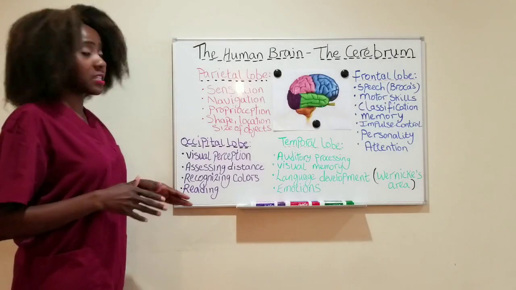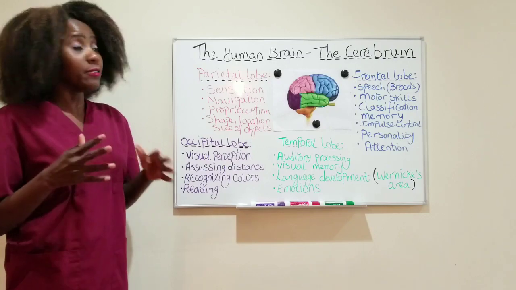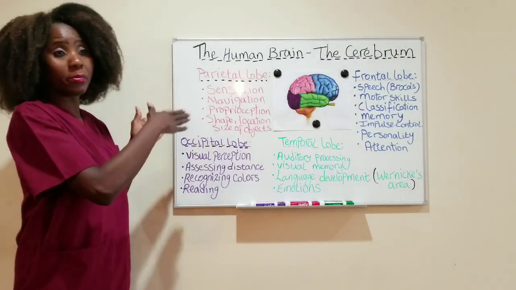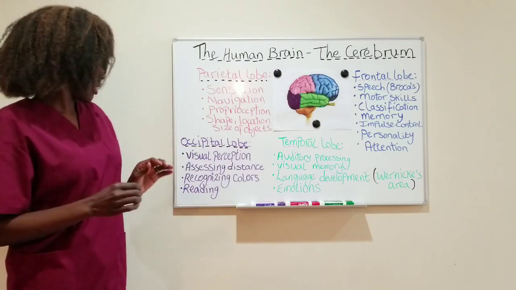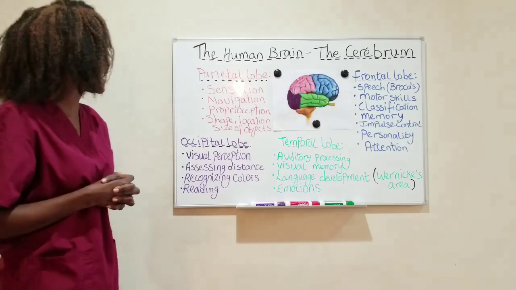And finally, the occipital lobe plays a key role in reading and even copying information. So if you were copying this information from the board into a notebook, the occipital lobe would be responsible for helping you to do that.